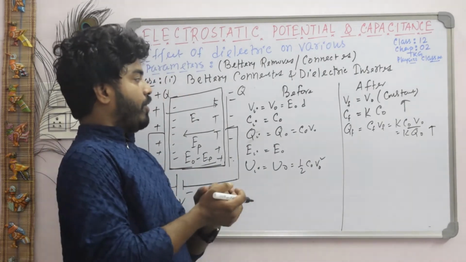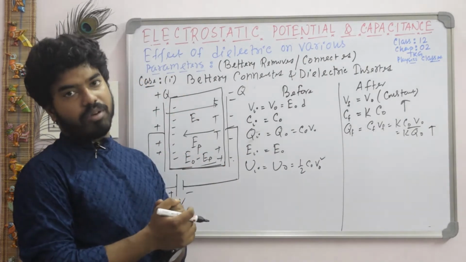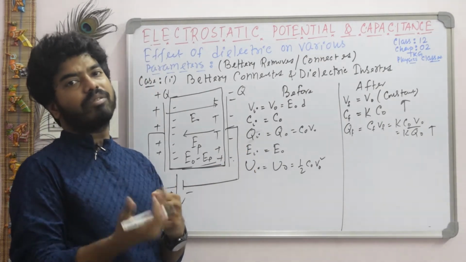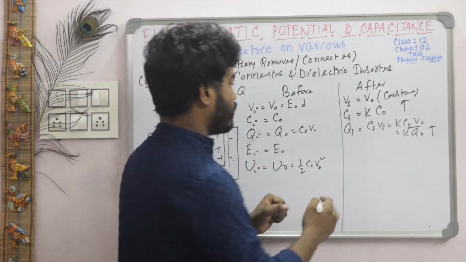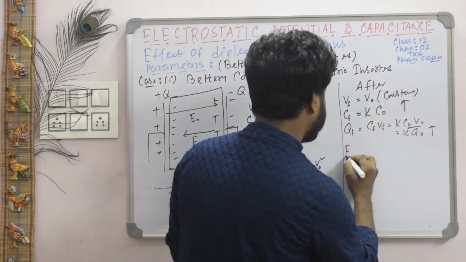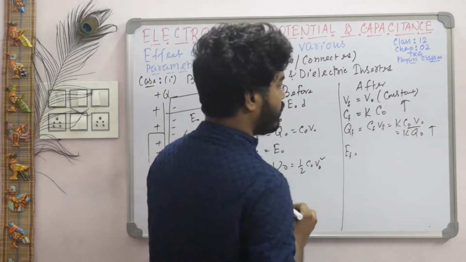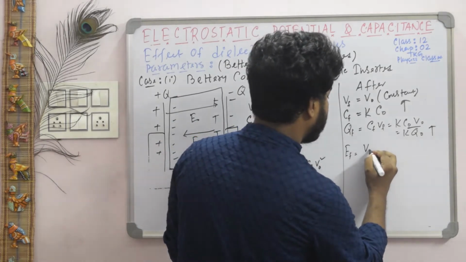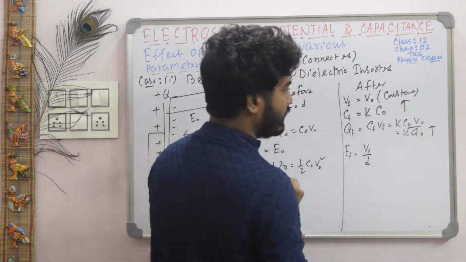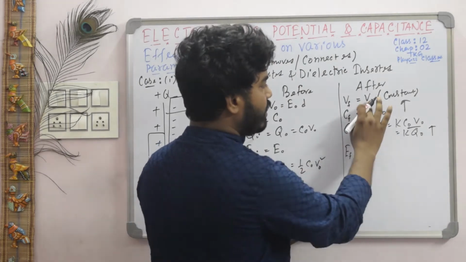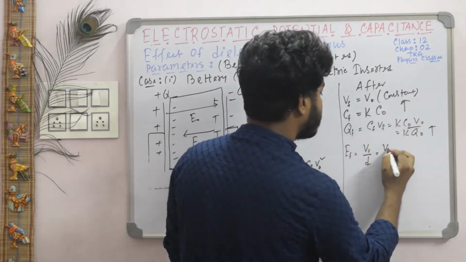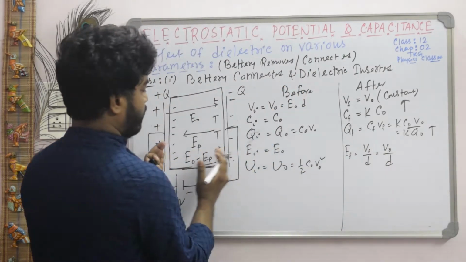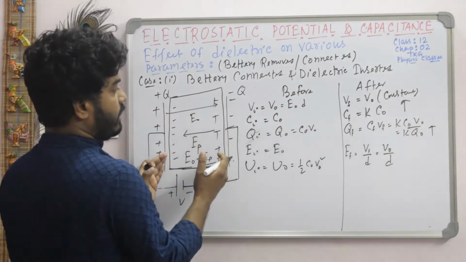Now when potential remains constant, obviously the electric field also remains constant. You know the formula. So the final electric field Ef is Vf by D. What is Vf? Vf means V naught, which remains constant. And what is D? D means the separation, the thickness of this dielectric slab.